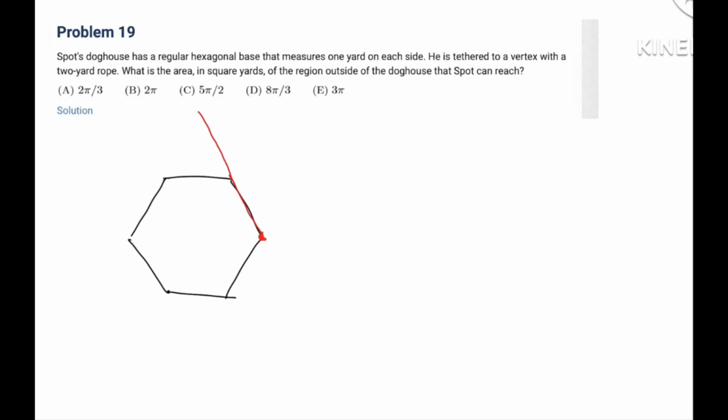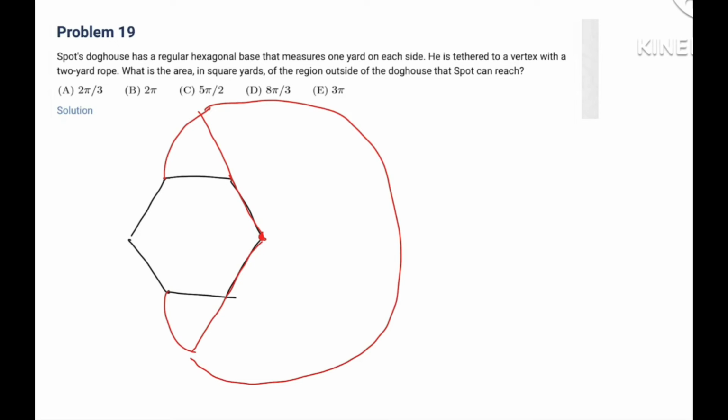So the dog can reach this much, right? And then he will be able to reach this much, plus this much, plus this much. So this would be 1, this would be 1, this whole thing will be 2. And this is 240 degrees.